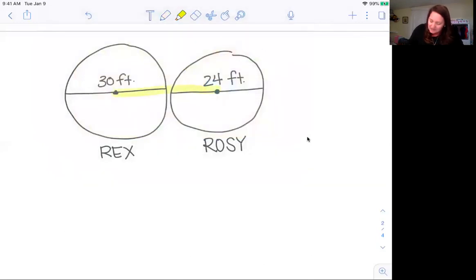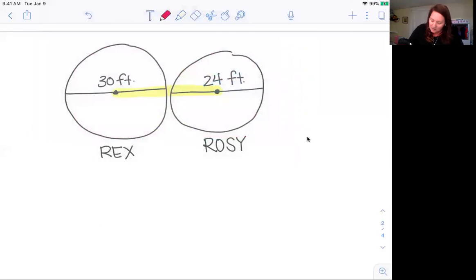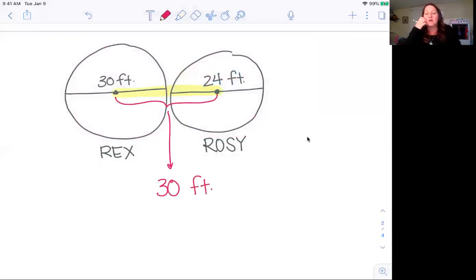The distance between these two is 30 feet. I'm going to write this right here. The distance is 30 feet, from the center of those circles.